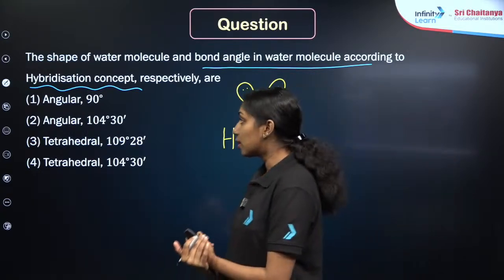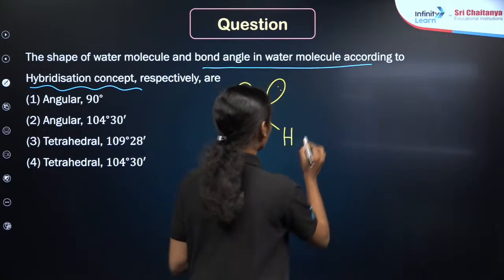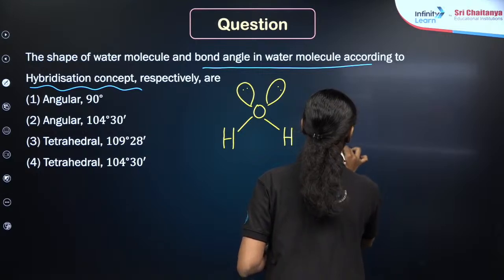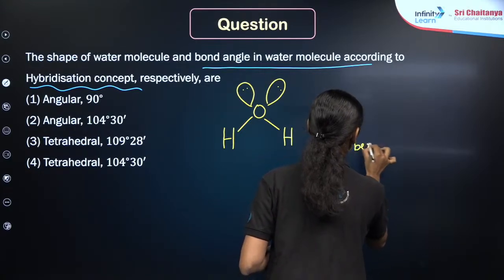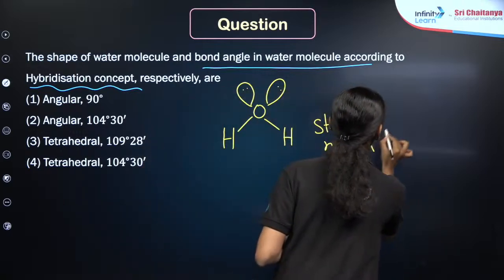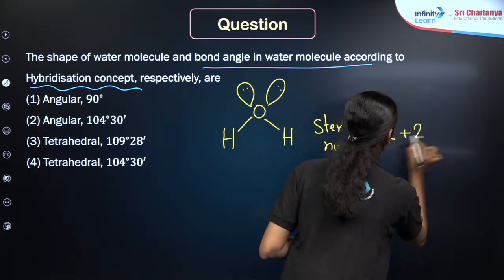So, if you are considering only the hybridization, what will be the steric number here? Steric number is the total number of sigma bonds, that is 1, 2, right? Plus the number of lone pairs, again 2 lone pairs. So I am taking 2 plus 2, that is equal to 4.